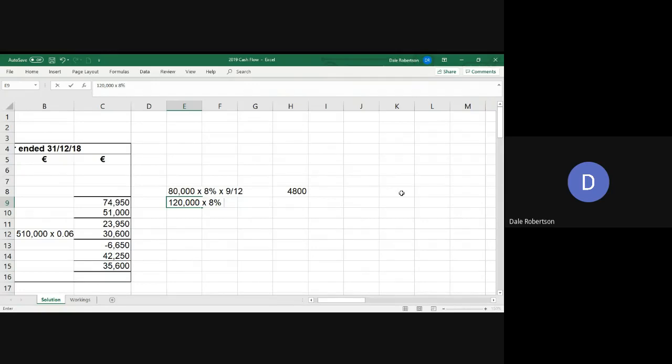And that's for the last 3 months, because of course we borrowed that on the last day of September, or essentially the first day of October. So therefore that is 120 by 8%, by 3 over 12, which is 2,400. And the total of those two gives you 7,200.